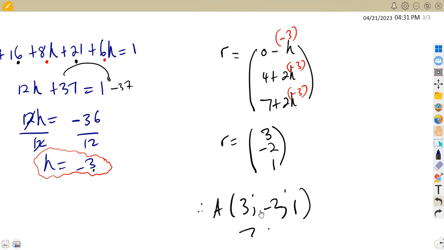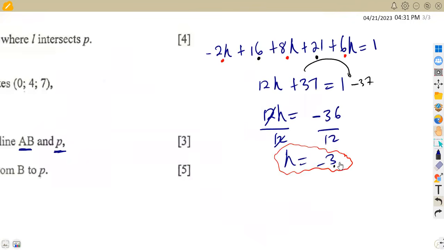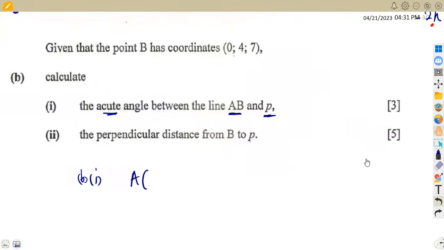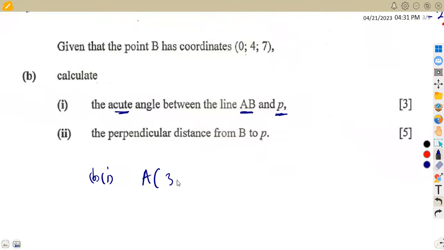So this point is needed, which is 3, minus 2, 1. So we have our point A, that's 3, negative 2, 1 in this case. And the point B, we are given now that B is 0, 4, 7. From these points, we can determine AB.